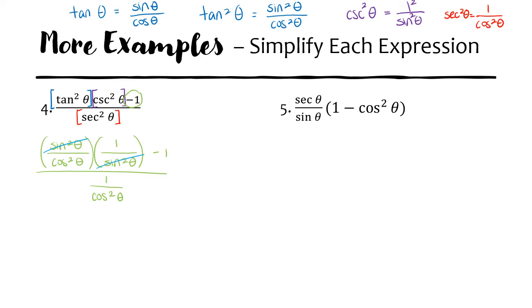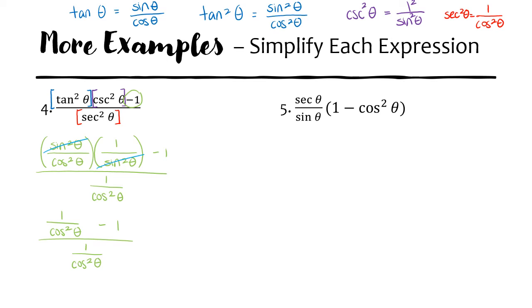What that means is my numerator, therefore, can become 1 over cosine squared minus 1. And we haven't really done much to change our denominator here. It's still just 1 over cosine squared.